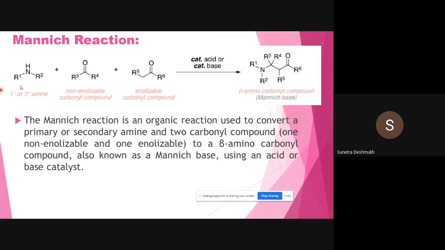Okay, so this is in case of the amines. I have written here that either a primary or secondary amine we have to use. That means at least one hydrogen on the nitrogen atom. If we replace this hydrogen with an alkyl group, that means if we make it a tertiary amine, it is not going to react here in the Mannich reaction.